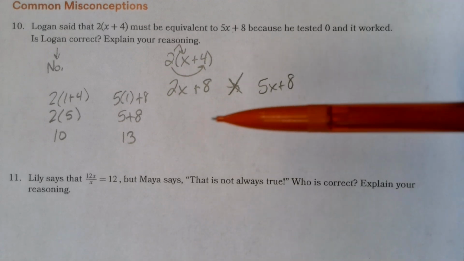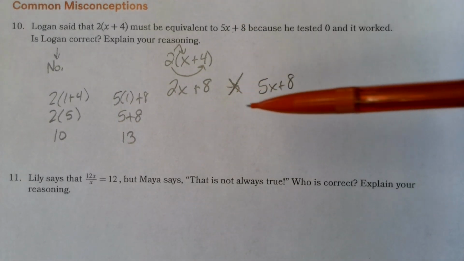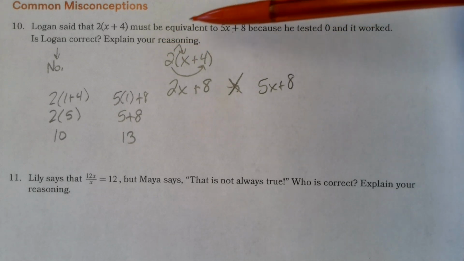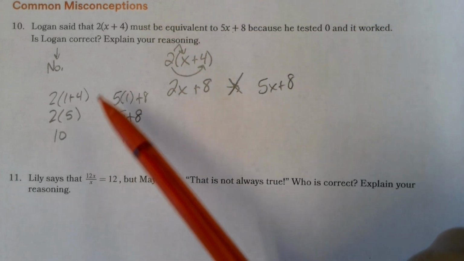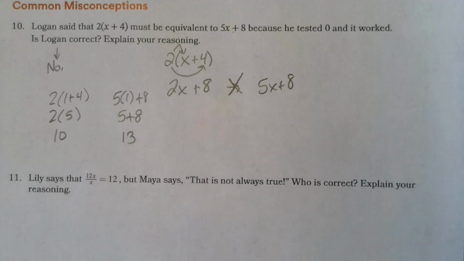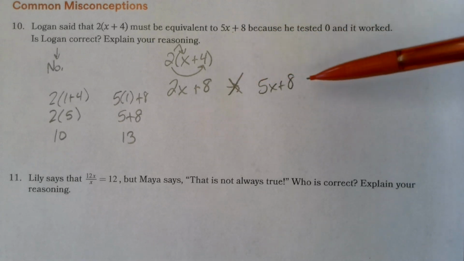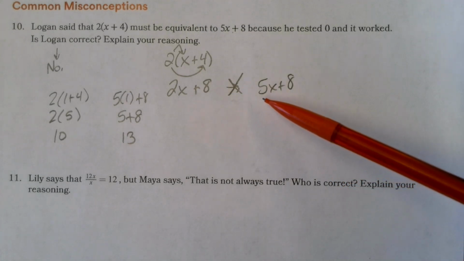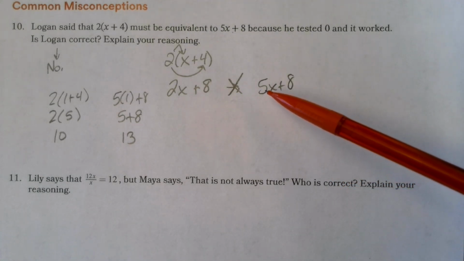When you're looking to see if expressions are equivalent, you're not just going to use numbers to test out. You need to go through and use your properties: distributive property, commutative property, associative property, additive inverses, etc., and simplify these expressions. By doing that, you would see that 2x is not the same as 5x.